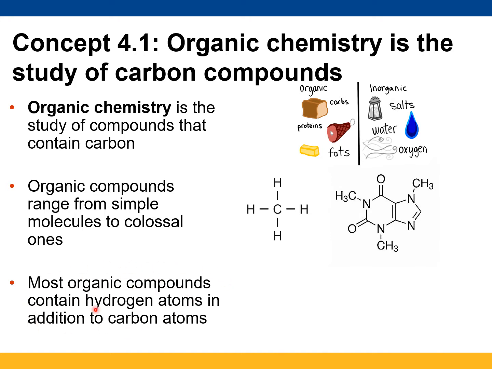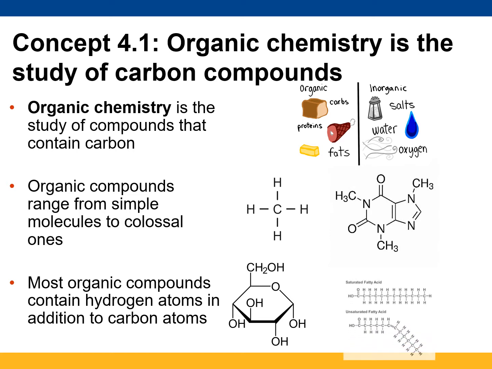Most organic compounds contain hydrogen, like this, and you can see hydrogens here in addition to carbon. That's very common. This is a glucose molecule, but oxygen and nitrogen and phosphorus are all somewhat common as well. But the 3 biggies would be carbon, hydrogen, and then oxygen. And then you'd see nitrogen and other ones.